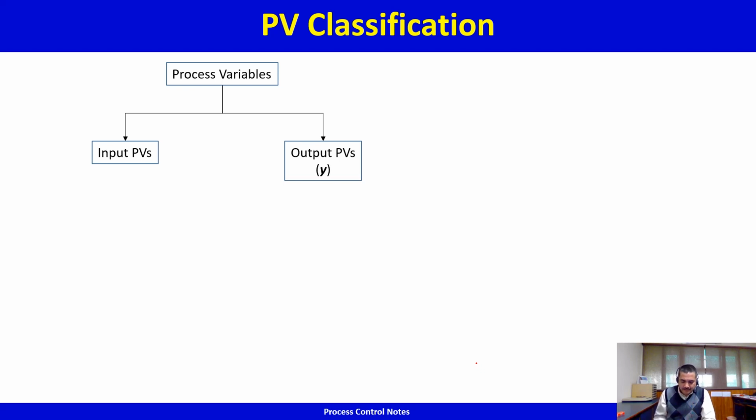As we saw last time, process variables are classified into input process variables and output process variables. The input process variables are causal in nature, and the output process variables are affected by the causal variables.